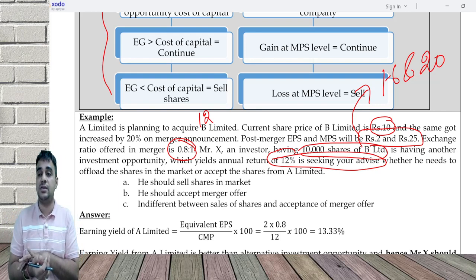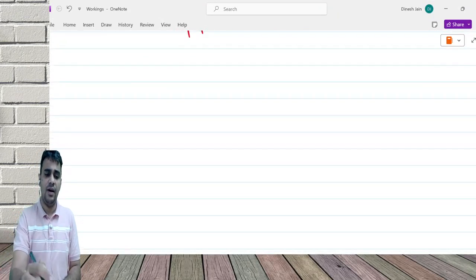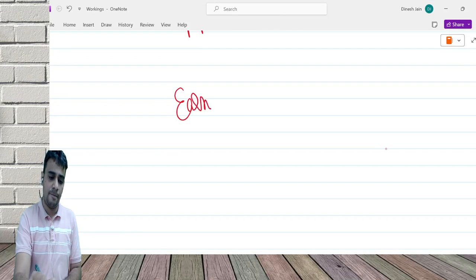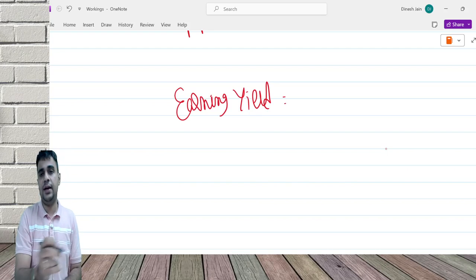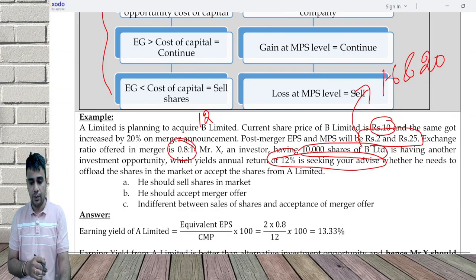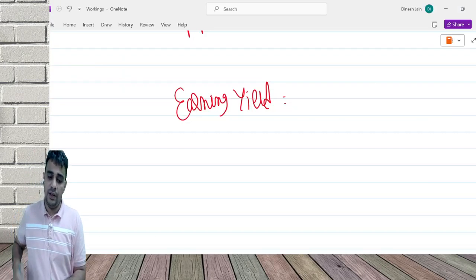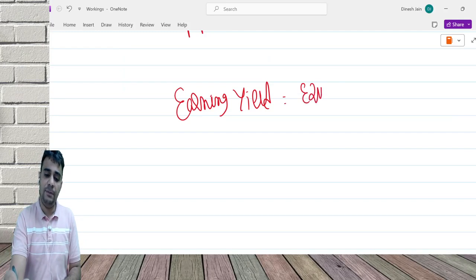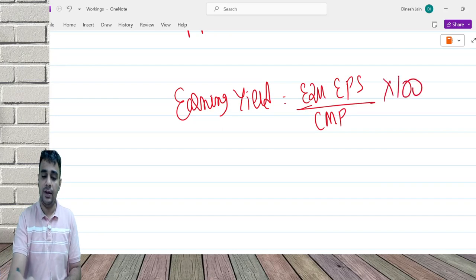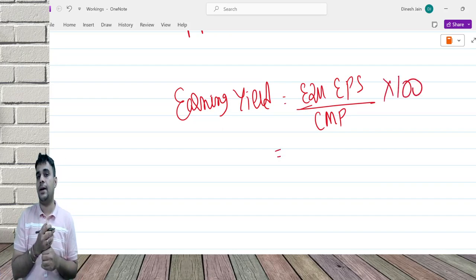What you can earn elsewhere, 12%. So now write: earnings yield is equal to equivalent EPS divided by current market price.